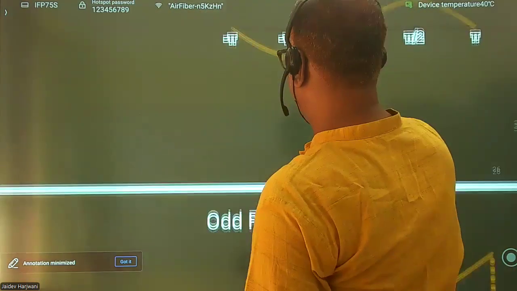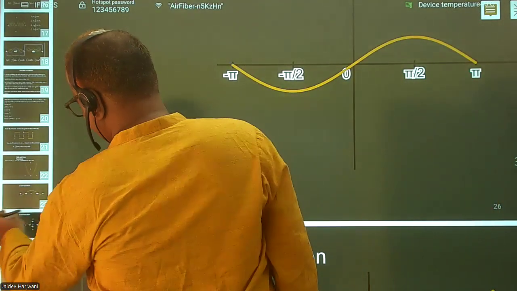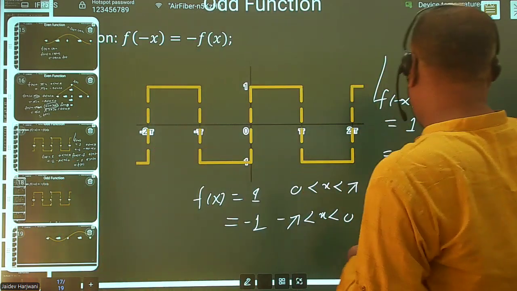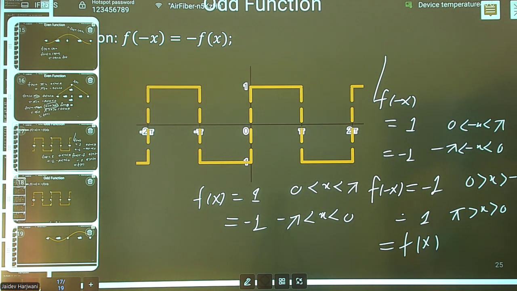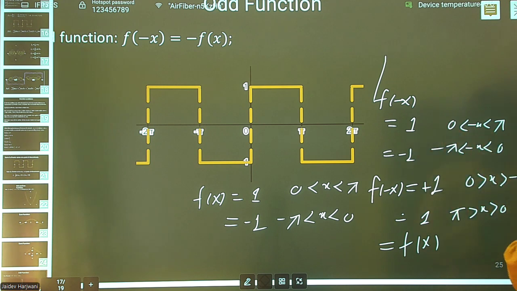What's the issue now here? Now if you go back to this function, so here −x, if I keep it 1 only, and this is −1 only, and then if you multiply here, so this becomes 0 > x > −π, this should become −1. And this remains −1 here.